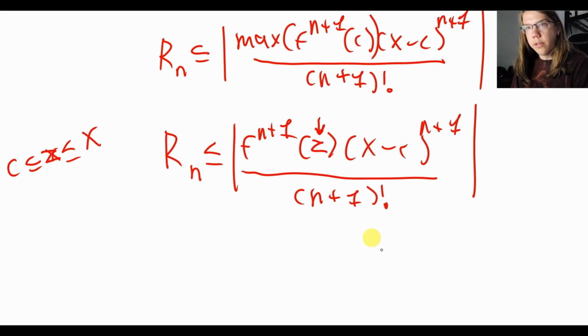Now, this formula we've gotten to is known as Taylor's remainder theorem, or Lagrange error bound. Now, how do we actually use it?